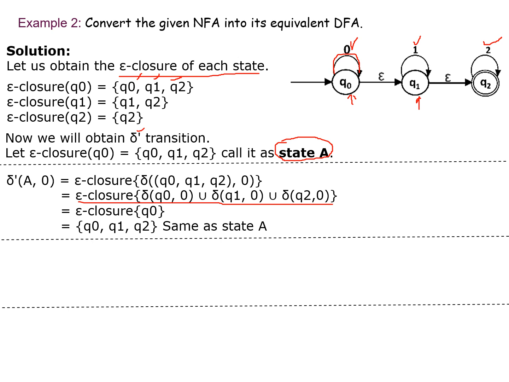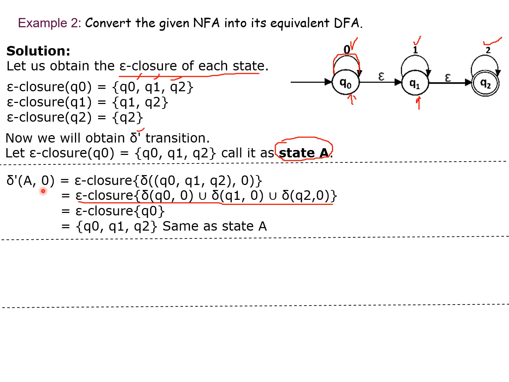Q1 on 0 has no transition at all, and Q2 on 0 has no transition at all. So finally you get E closure of Q0, which is Q0, Q1, Q2, the same as state A.